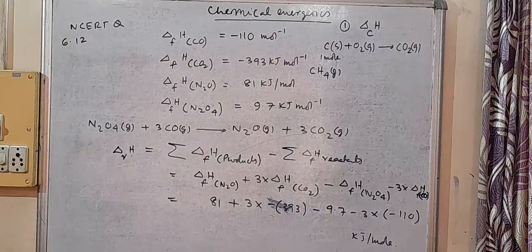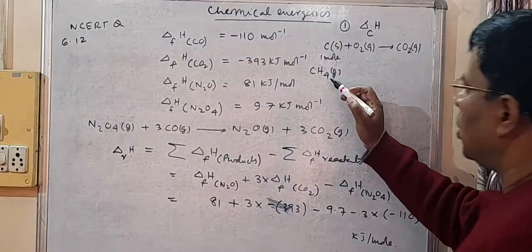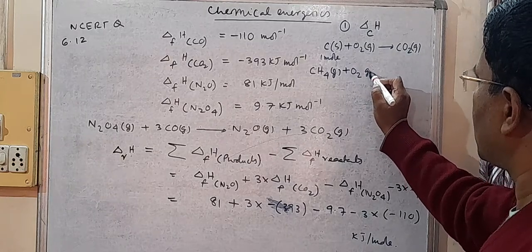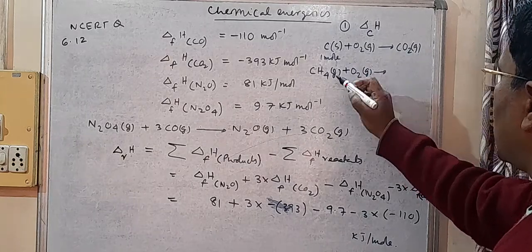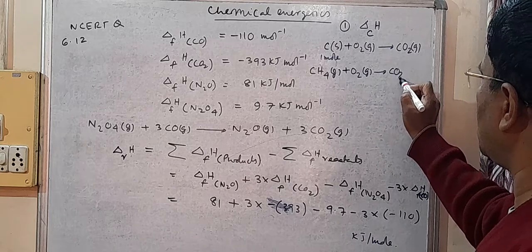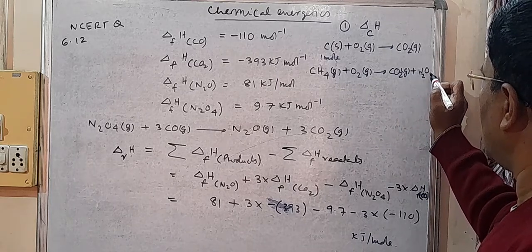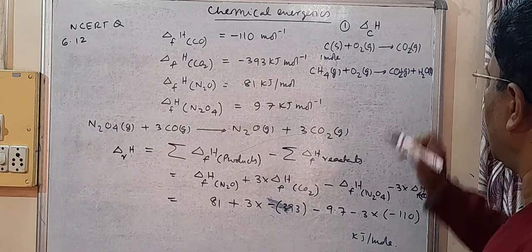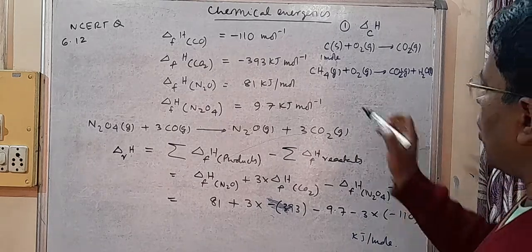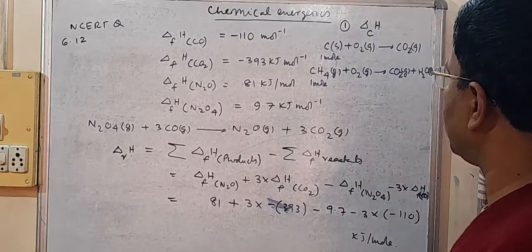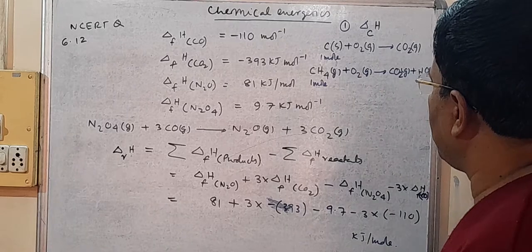If methane is burnt, the products will be CO2 gaseous plus H2O liquid. Here also we need to burn 1 mole always in case of enthalpy of combustion.